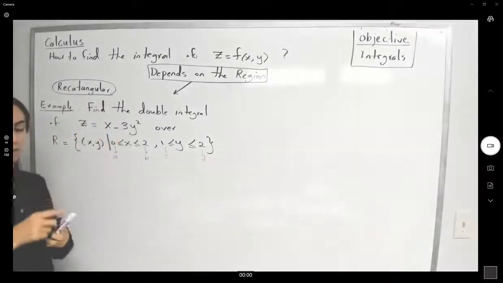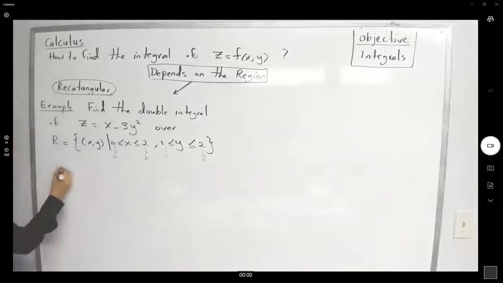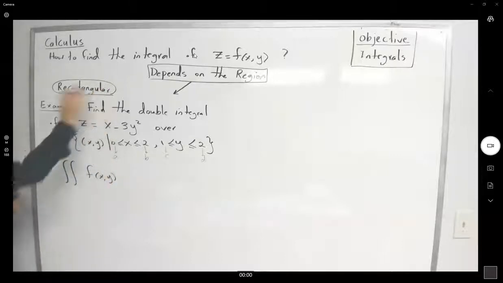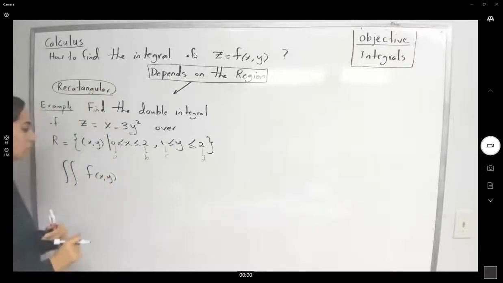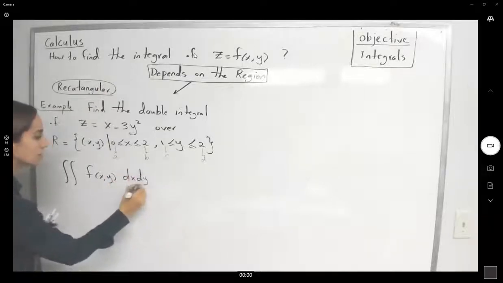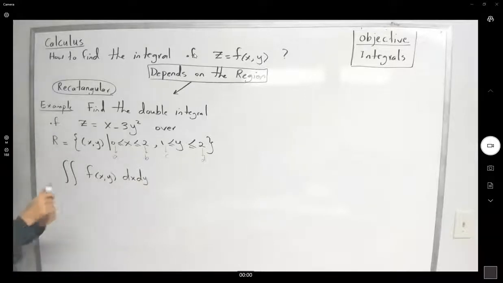The double integral of function f of x and y over a rectangular region is defined as dx dy. It means that you can take the inner integral with respect to x first.